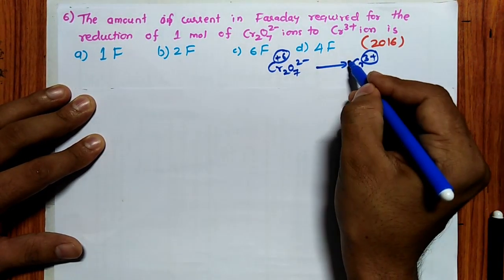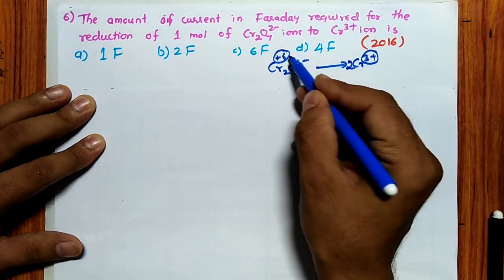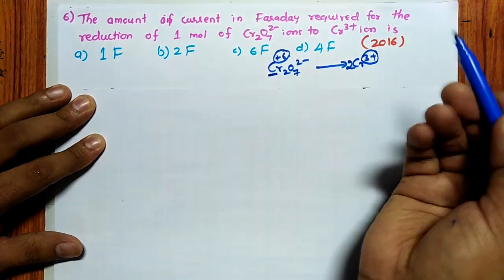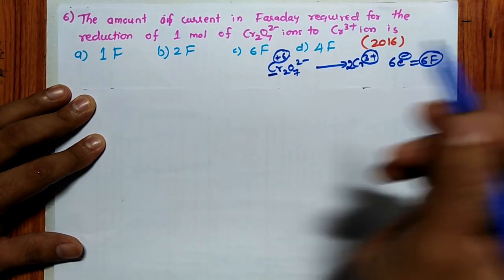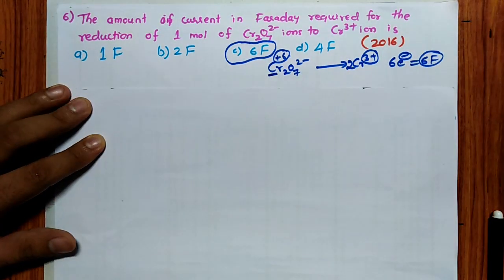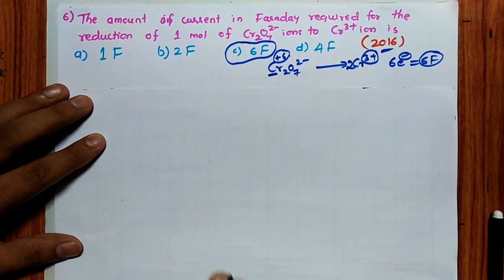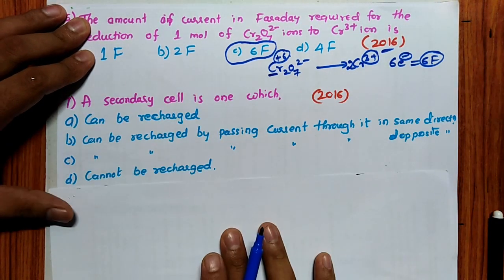But you have to balance first. So see here, 1 chromium to 1 chromium is 3 unit change, but 2 chromium is there. How many unit change? 6 electron change. 6 electron is equal to 6 Faraday. Hence the answer for this question is 6 Faraday. 2016 asked question it is. Remember that.